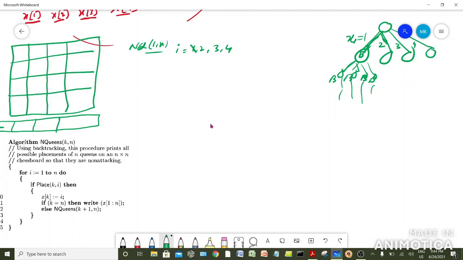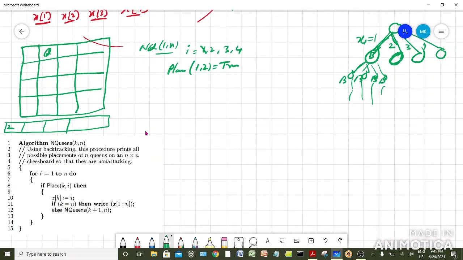Okay, so now we need to try placing a queen at 1 and 2. So it returned true, so we placed the queen out here. Fine, so we placed the queen according to this branch. Fine, and accordingly the result was also updated.